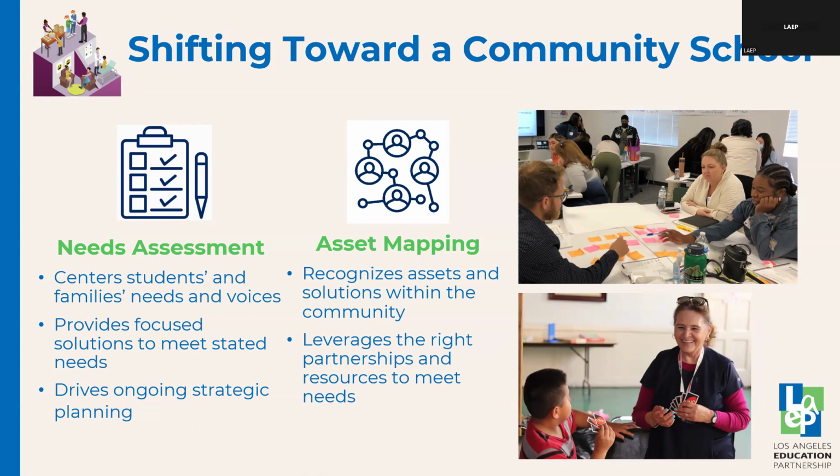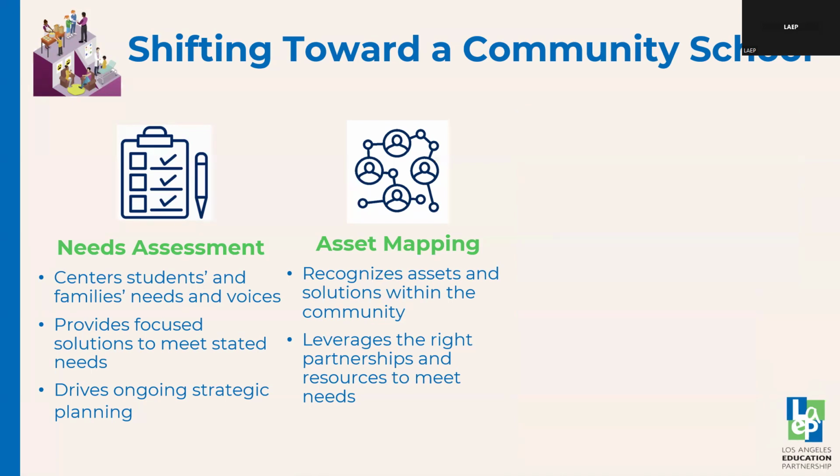Asset mapping is also crucial for active family and community engagement, the pillar we discussed previously. If assets already exist in the community, then families and communities can be more involved. And when they're more involved and engaged, they may feel a greater sense of ownership in the school and its mission, vision, and purpose. That's the shift toward a community school.